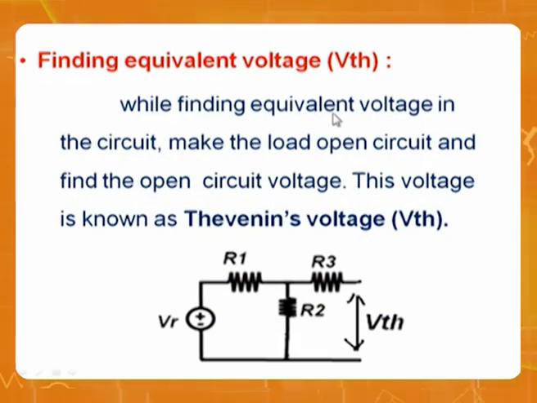Look here. While finding the equivalent voltage in any circuit, we have to make the load open, because we are seeing across that. For example, here, if you are calculating V Thevenin and then calculate how much voltage is coming. Very important thing that you must know here: in this branch there is no current.